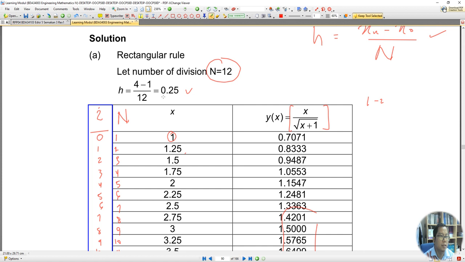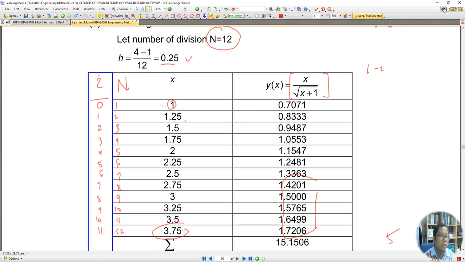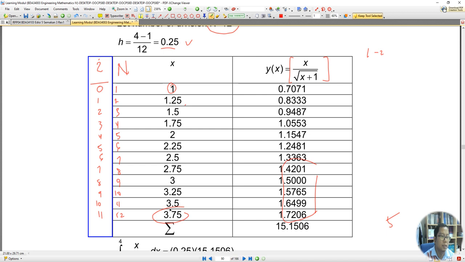Once you get this value 0.25, it means the step size from one x to another x is 0.25. You start with 1 and then followed by 1.25, 1.5, 1.75 and until 3.75.